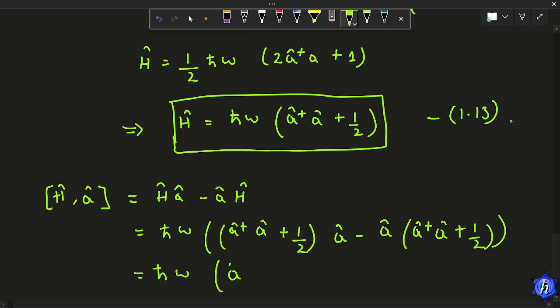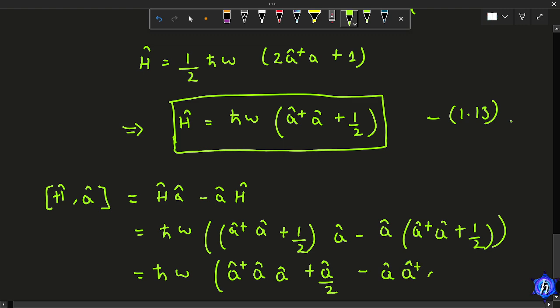A dagger A A plus A over 2 minus A A dagger A minus A over 2. So this A over 2 cancels out.